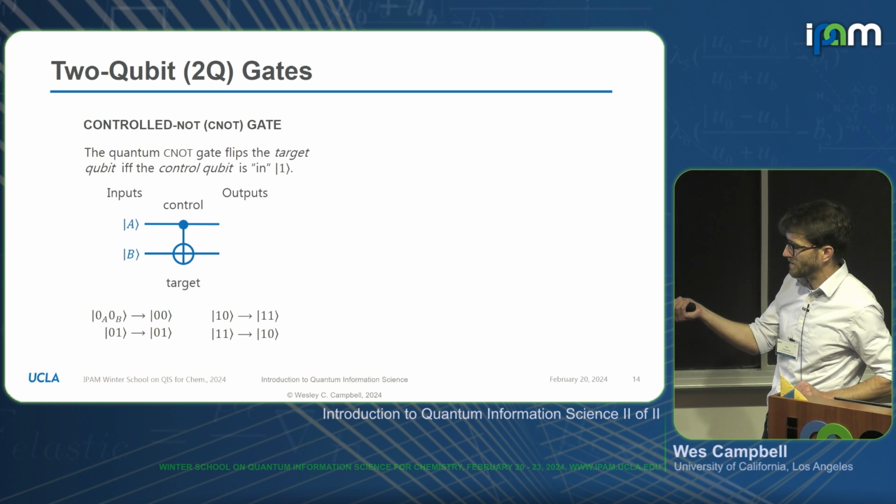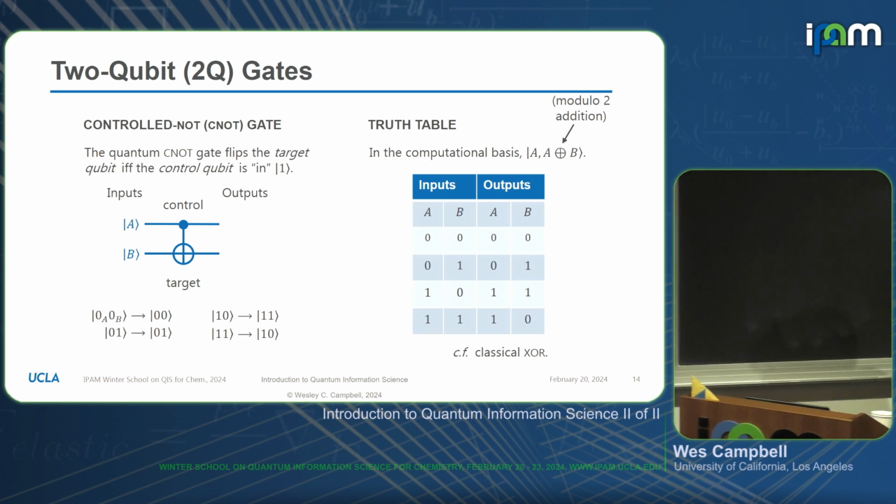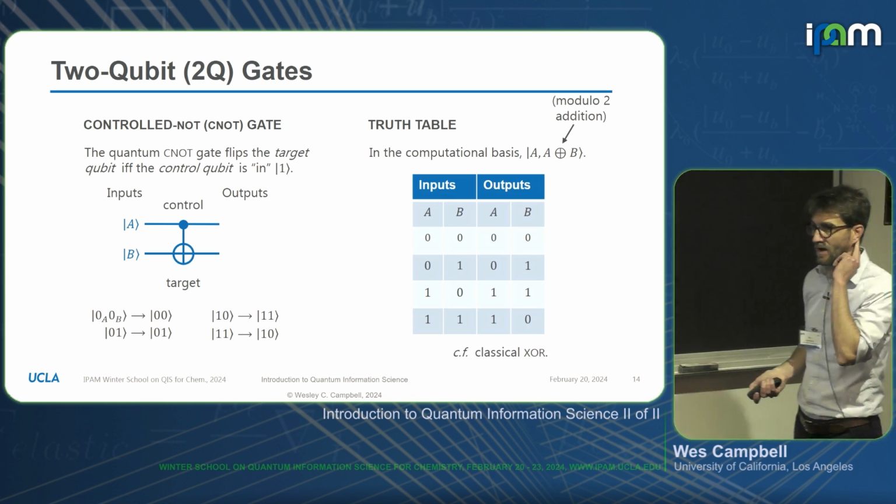0, 0 goes to 0, 0. 1, 0, well, the control qubit's in 1 here, so I flip from 0 to 1, right? Here, 0, 1, the control qubit's in 0, so nothing happens, right? And then here, 1, 1, I get 1, 0. And if you wanted to write that in terms of a truth table, it looks like this, okay?